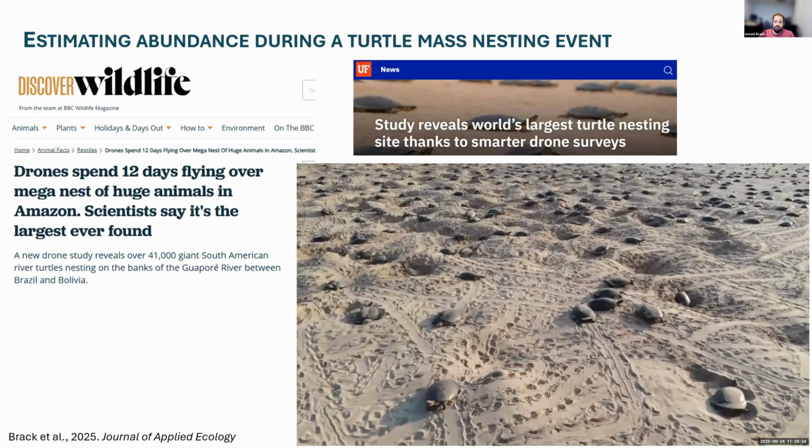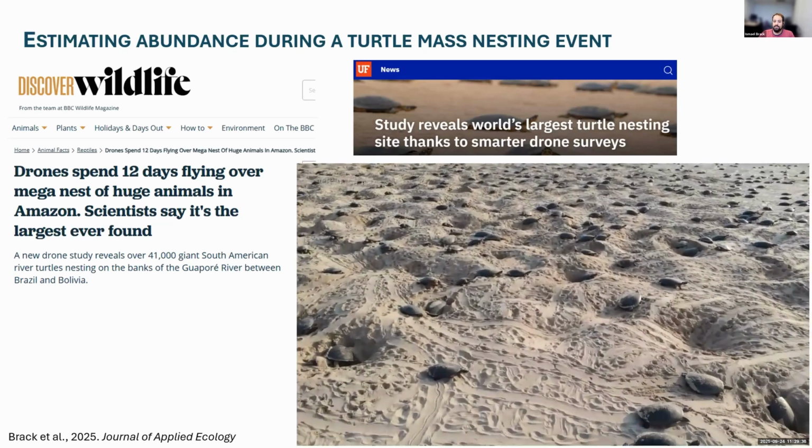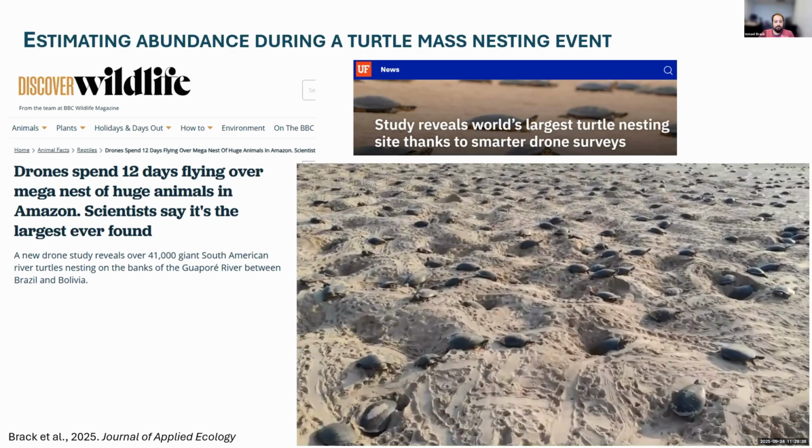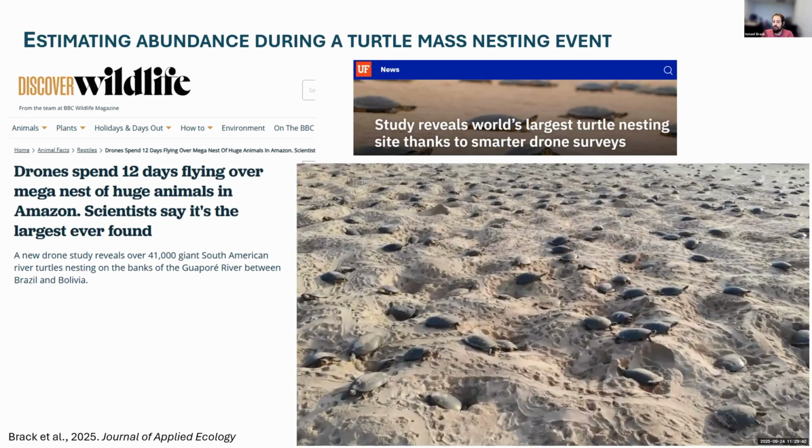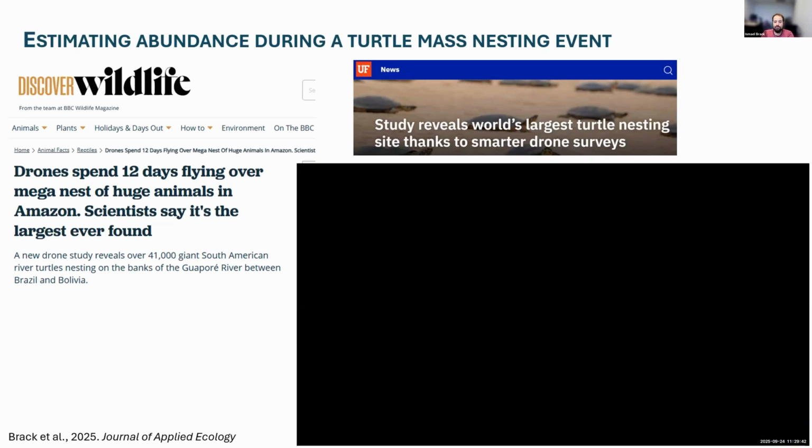So this apparently was a really nice development of surveying methods for this species, and we hope this can be used to monitor different populations.